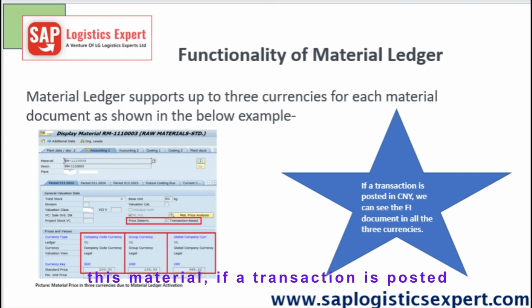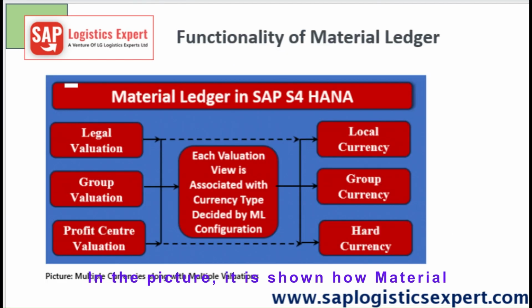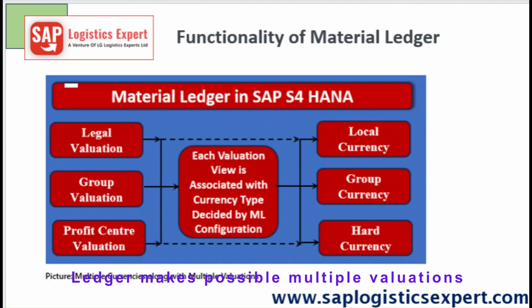Meaning for this material, if a transaction is posted in Canadian dollar, we can see the FI document posted in the other 2 currencies, Singapore dollar and US dollar, also simultaneously and automatically. In the picture, it is shown how Material Ledger makes possible multiple valuations through using the feature of multiple currencies.